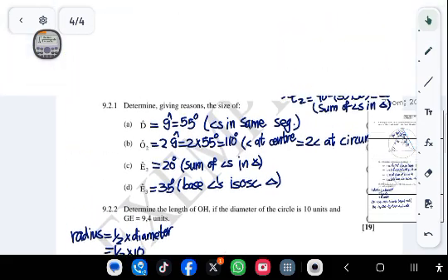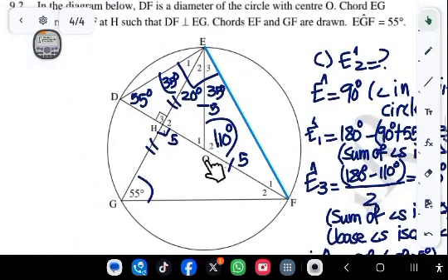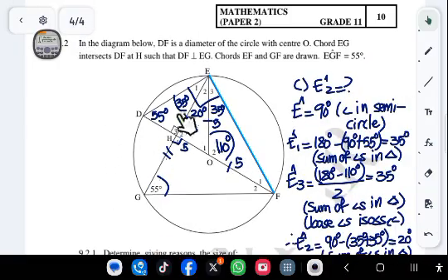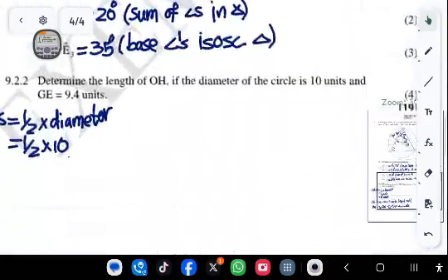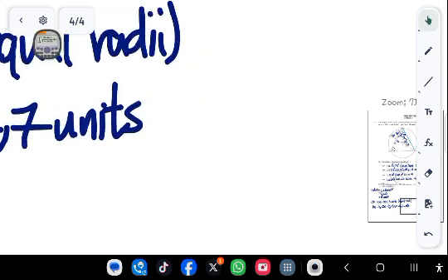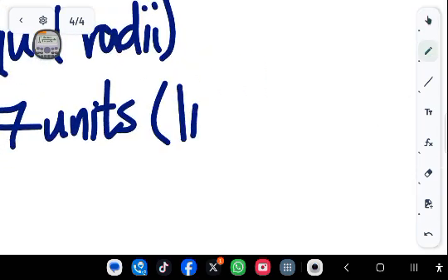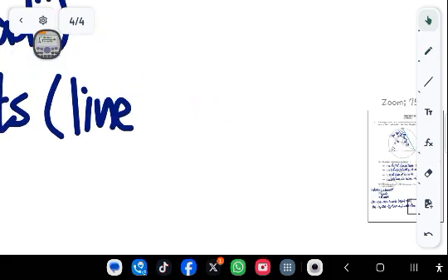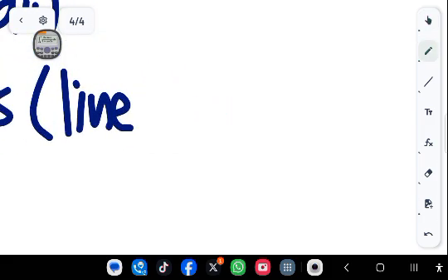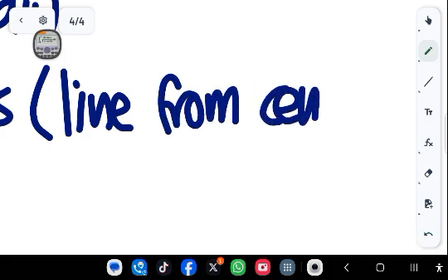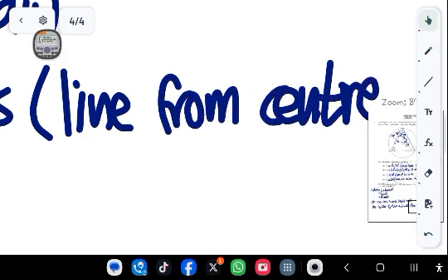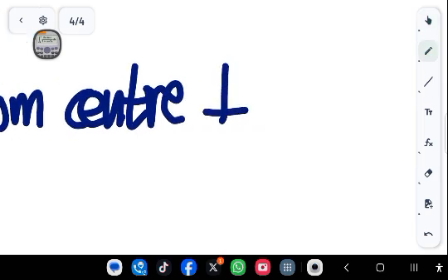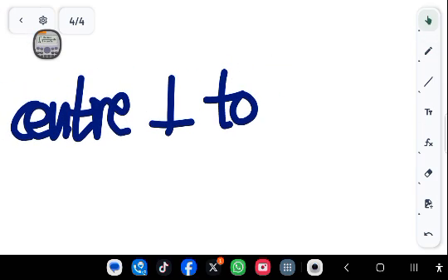And the reason why it is half is OH, a line from the center perpendicular to a chord bisects the chord.